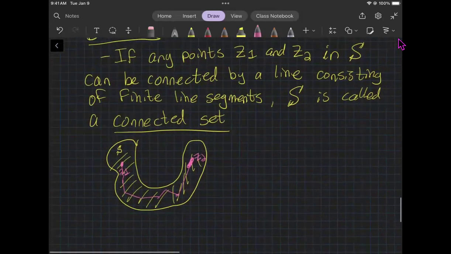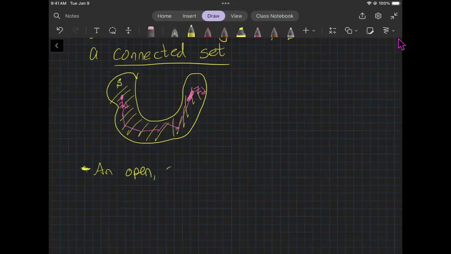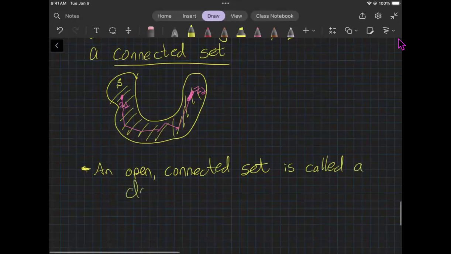If you have that, it's called a connected set, right? And also an open connected set is called a domain. Okay, it's called the domain.